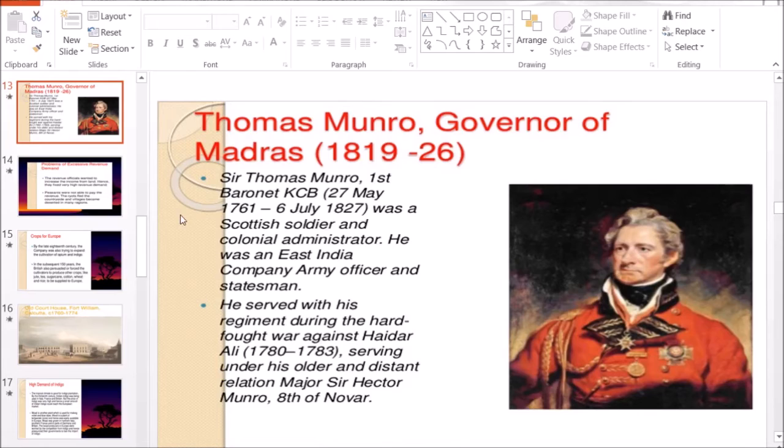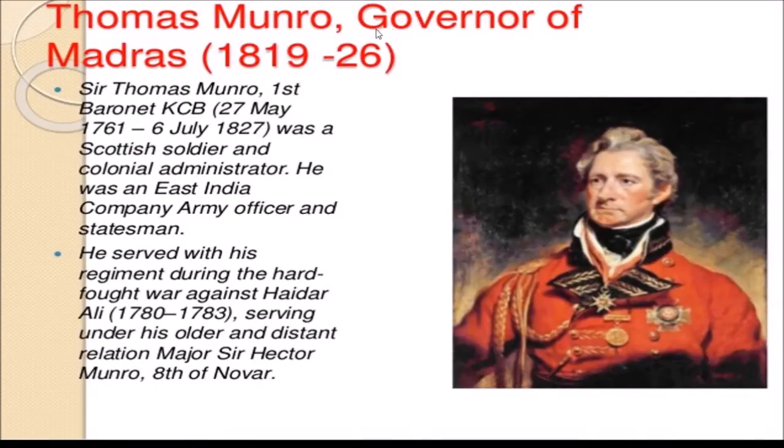And this is the picture of Thomas Munro. He was the governor of Madras in the year 1819 to 26. Sir Thomas Munro, first Baronet, KCB, 27 May 1761 to 6 July 1827. He was a Scottish soldier and colonial administrator, an East India Company army officer and statesman.